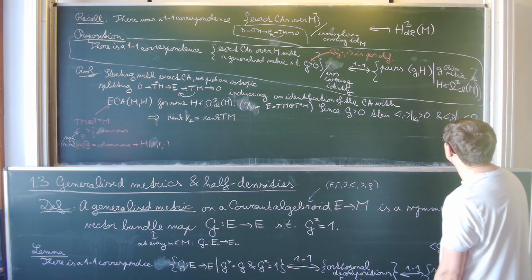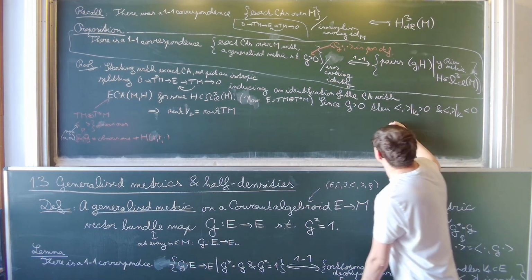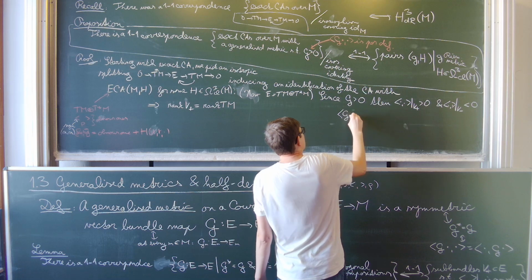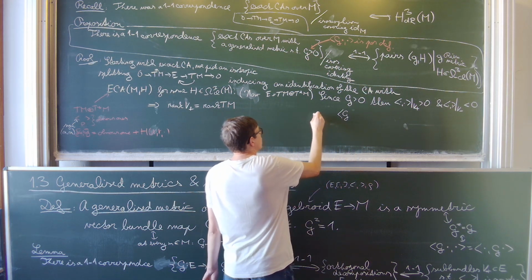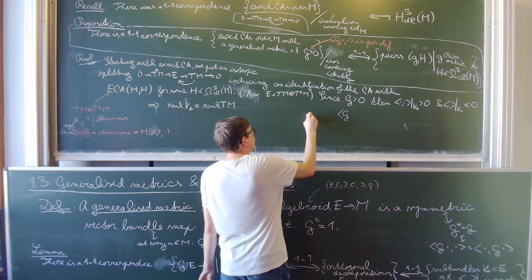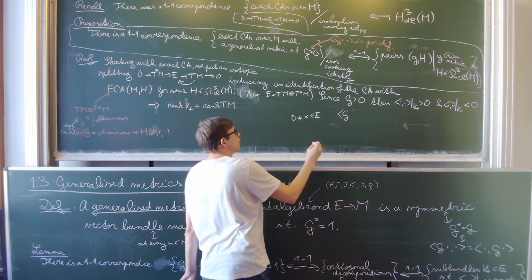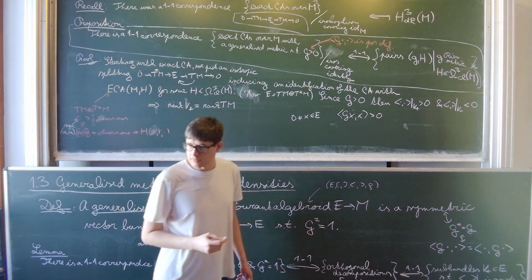So, okay, should I comment more on the implication? Maybe. Okay, so if this is positive definite, it means that if I take some non-zero element in E, then this thing is positive.